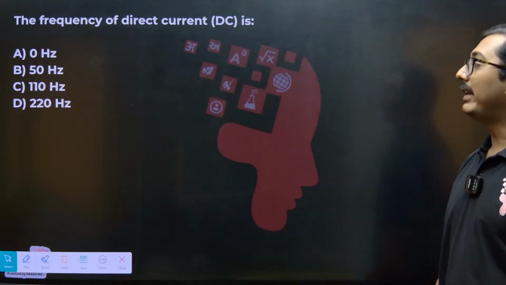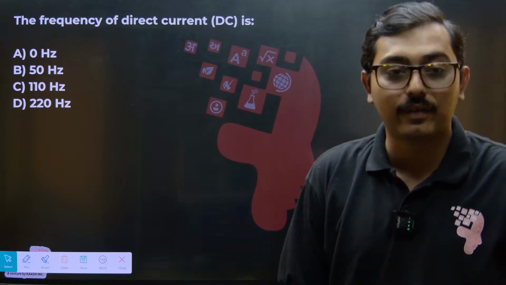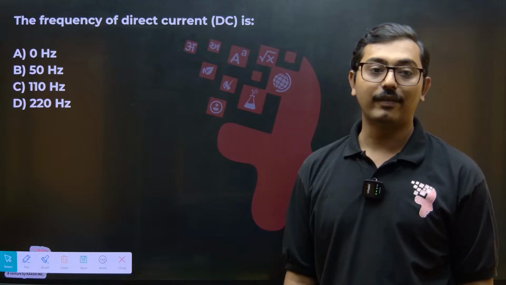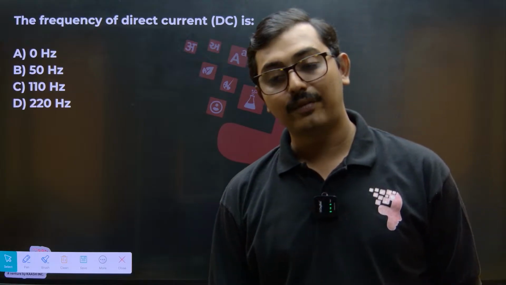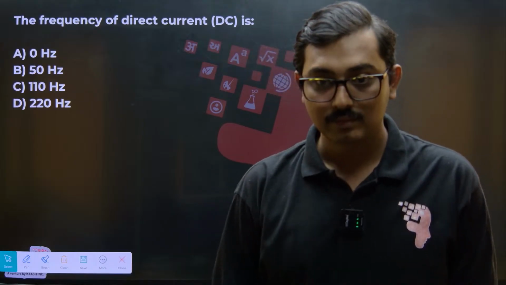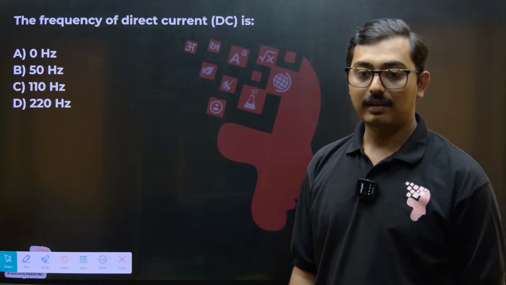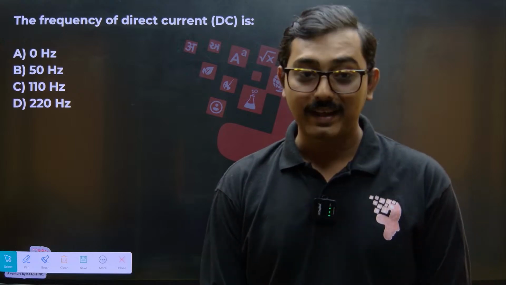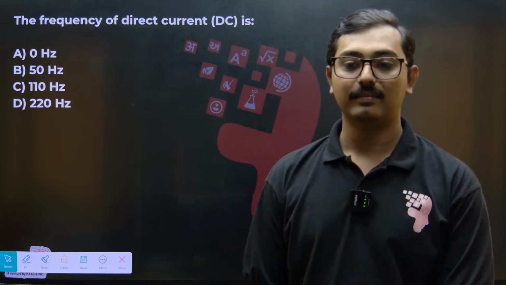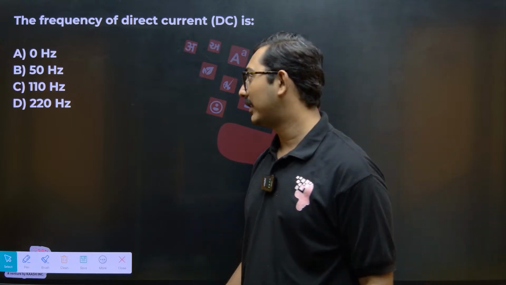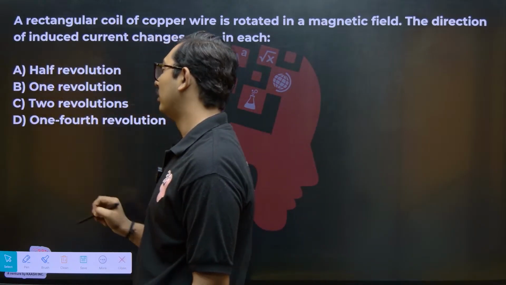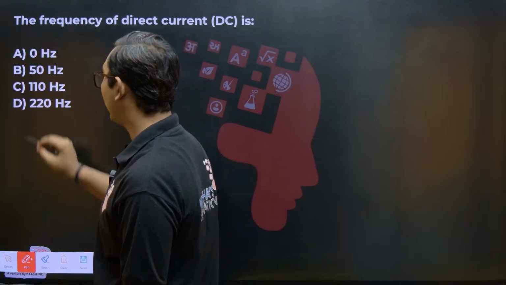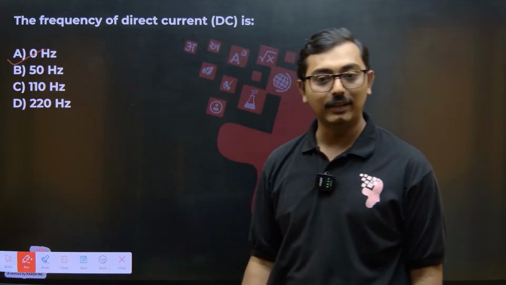the last question: the frequency of direct current, DC, is. What is the frequency of direct current? For alternating current we have frequency, but for direct current we do not have any frequency. So the frequency of direct current is 0 hertz.